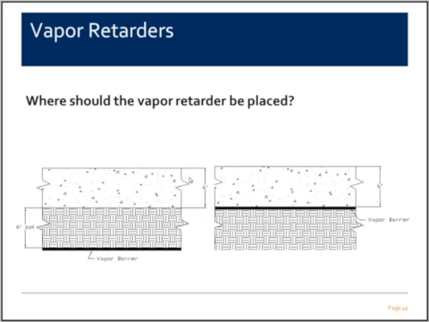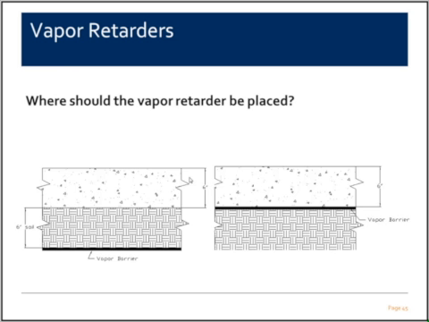Vapor retarders, there's been a lot of discussion and a lot of different opinions about where we should place vapor retarders. I'm going to go through some of the pluses and minuses of the placement of the vapor retarder. In terms of terminology, I call these vapor retarders. Traditionally, sometimes they were called vapor barriers.